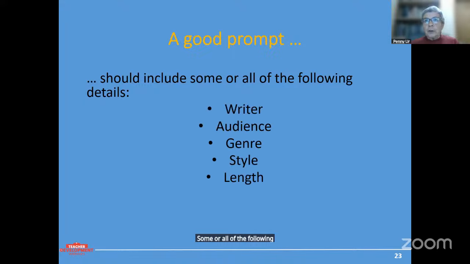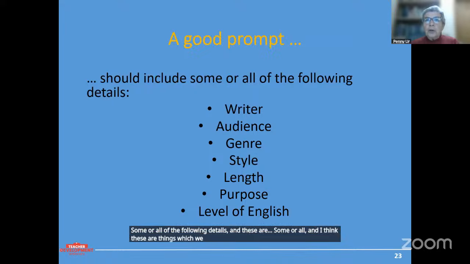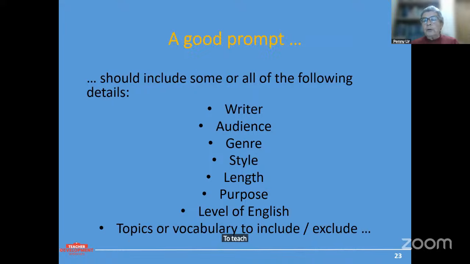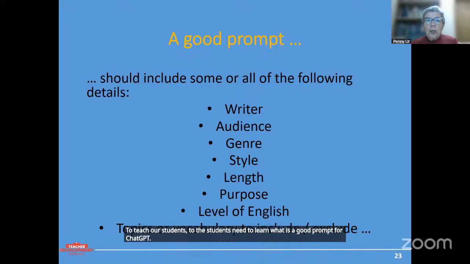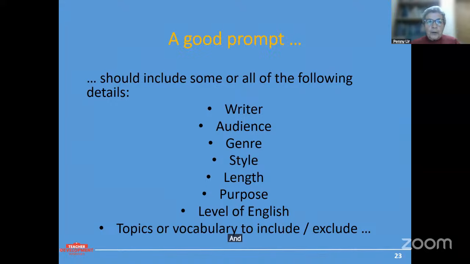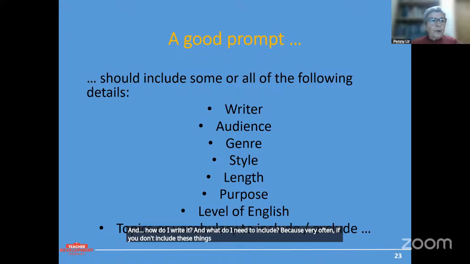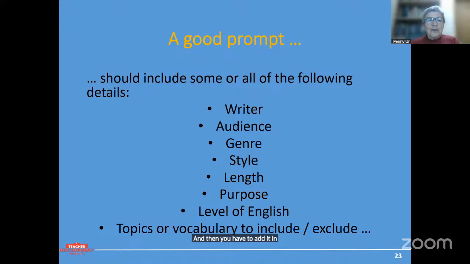I think these are things which we need to teach our students. The students need to learn what is a good prompt for ChatGPT and how do I write it and what do I need to include, because very often if you don't include these things, ChatGPT will come back to you and say, yes, but I need to know. And then you have to add it in, and so on.